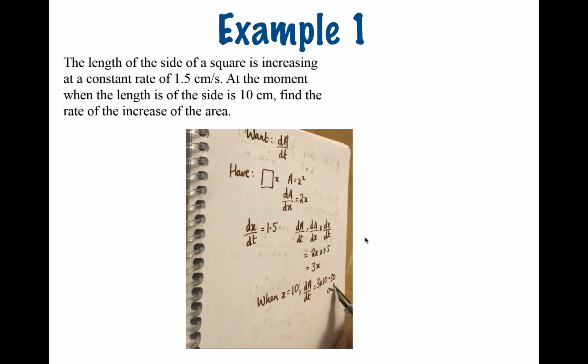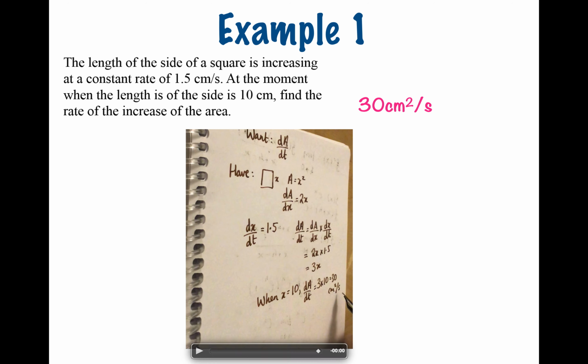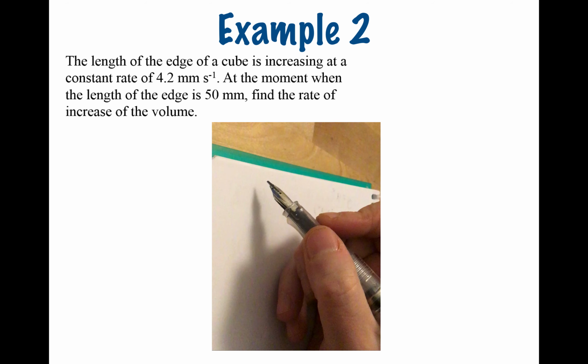And thinking about the units, I'm doing area by time because it's the change in area with respect to time, so you can always think about it like a fraction. It's dA, area is centimetres squared, and time is seconds on the bottom there. Okay, there's your first example. There's your answer, 30 centimetres squared per second, or 30 centimetres squared second to the minus 1.